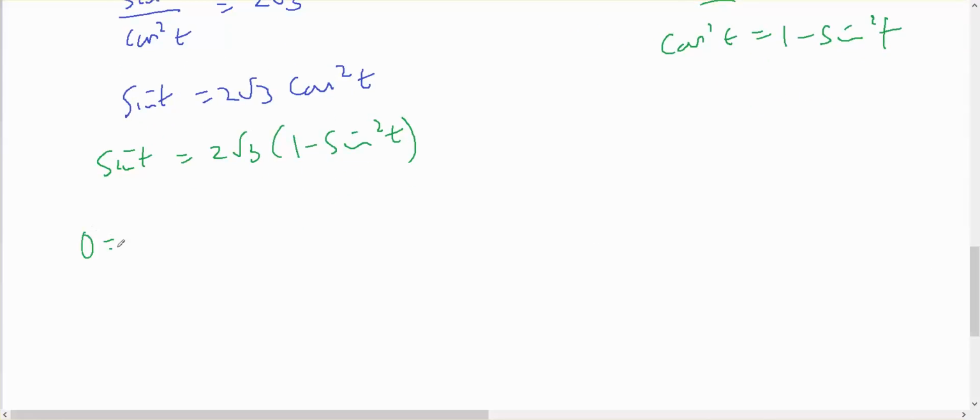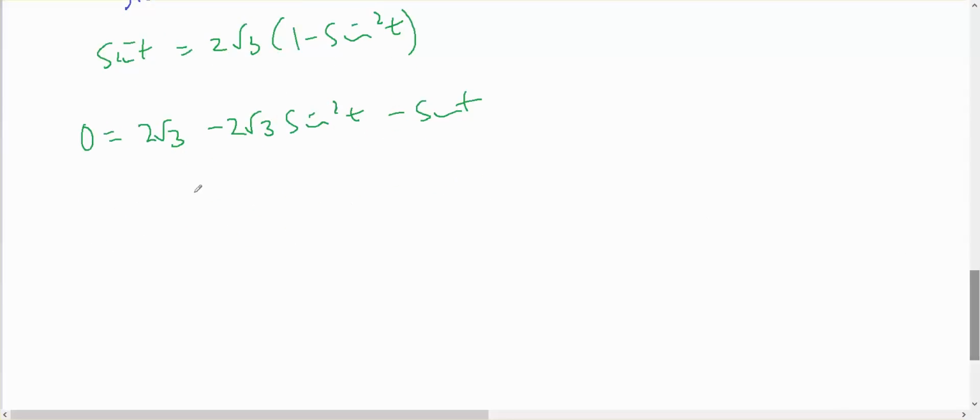Move everything over, I've got 2 root 3 minus 2 root 3 sine squared t minus sine of t. Multiply everything by negative: 0 equals 2 root 3 sine squared t plus sine of t minus 2 root 3.